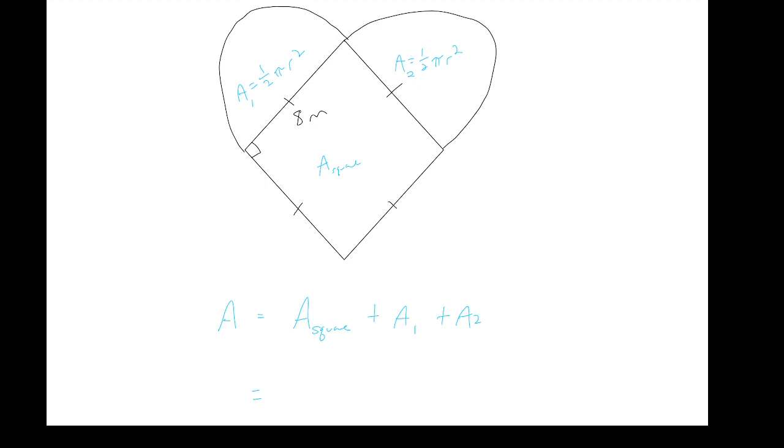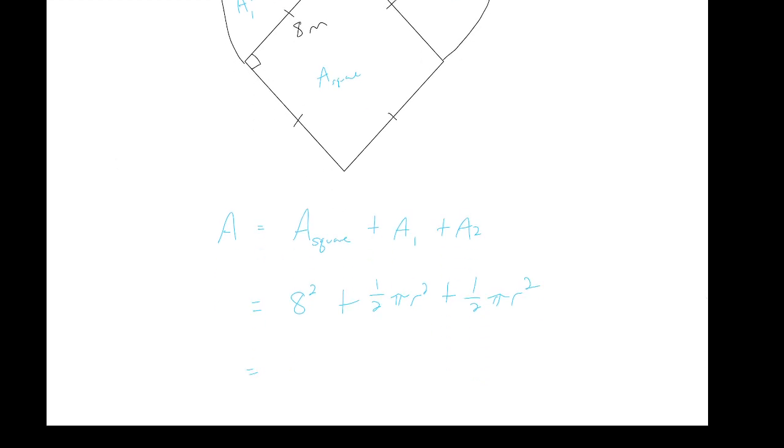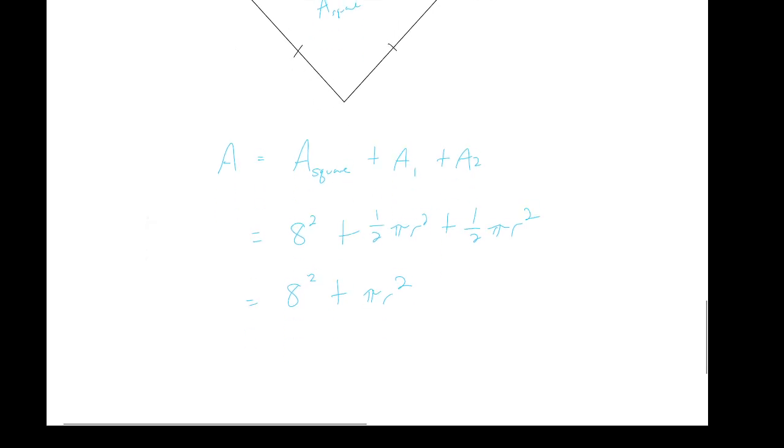Think about how you found the area of a square: side squared, so 8 squared, plus 1/2 pi r squared plus 1/2 pi r squared, which is 8 squared plus pi times radius squared, right? 1/2 plus 1/2 is 1 whole.